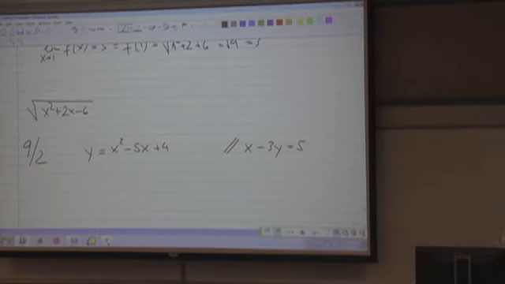So what should we do? Well, whenever we hear the words normal line or tangent line, what would be the first immediate thing we want to do? Find the derivative. So dy over dx is equal to 2x minus 5. Right? What is the next step?